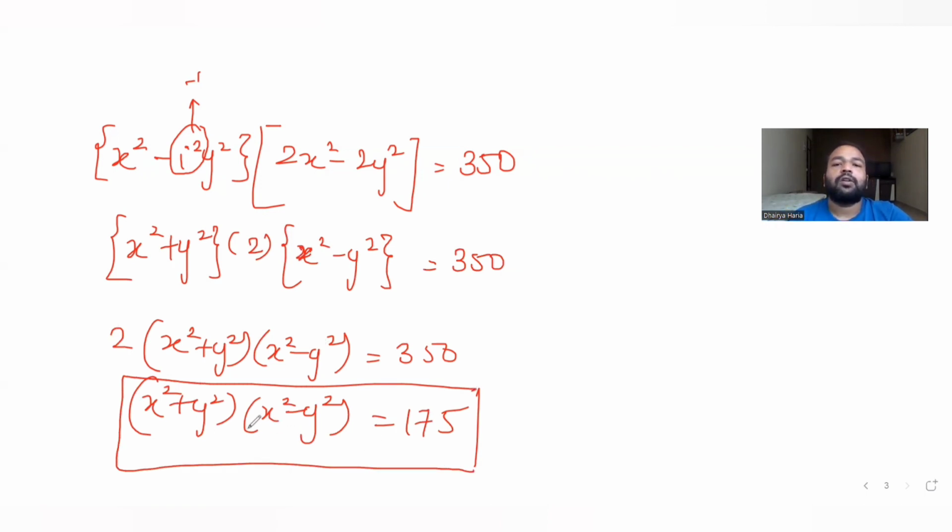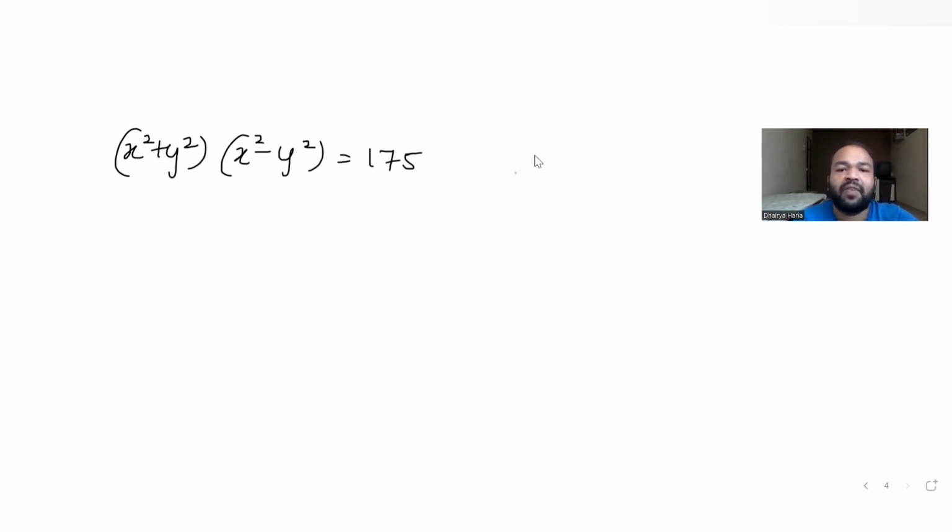Now let's try to solve this equation and find the values of x and y. Once we find the values of x and y, those are the roots and those are the vertices of the rectangle. So the equation says the product of the sum of the squares of two numbers and the difference between the squares of two numbers is 175. Let me try to split this 175.